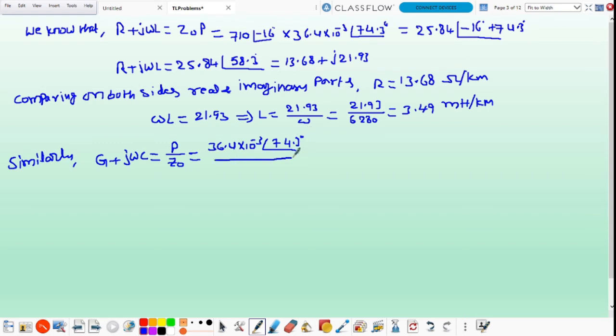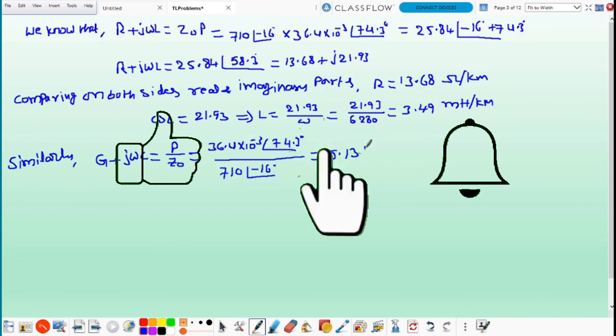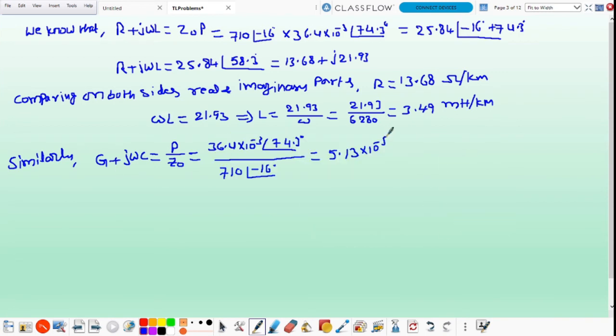Given that the characteristic impedance Z0 is 710 at an angle of minus 16 degrees, that is equal to 36.4 into 10 to the power of minus 3 divided by 710, which is 5.13 into 10 to the power of minus 5, and that is the magnitude. Now the phase angle is 74.3 divided by the angle of minus 16 degrees.